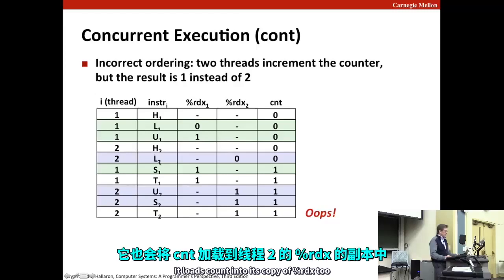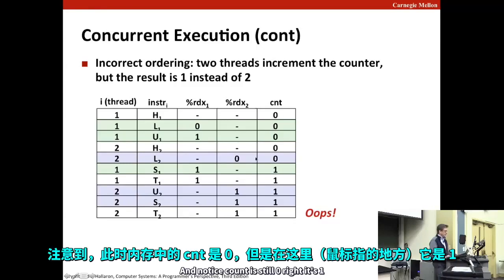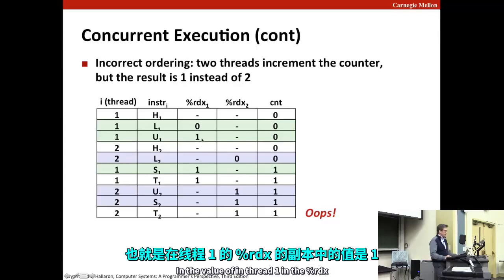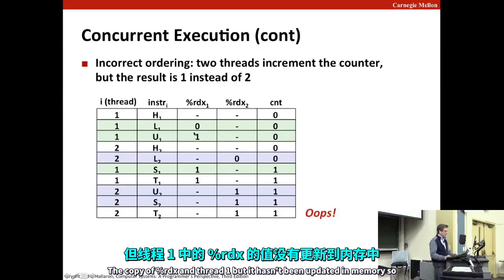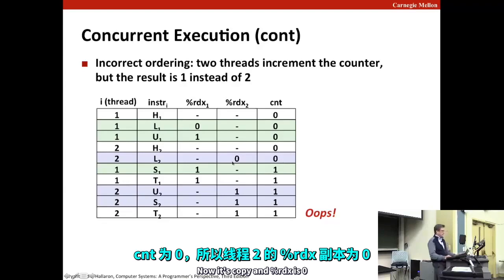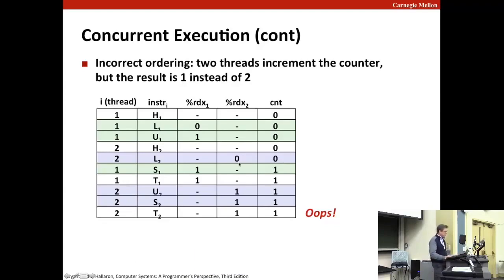It loads count into its copy of RDX2. You notice count is still 0. It's 1 in the copy of RDX in thread 1, but it hasn't been updated in memory.